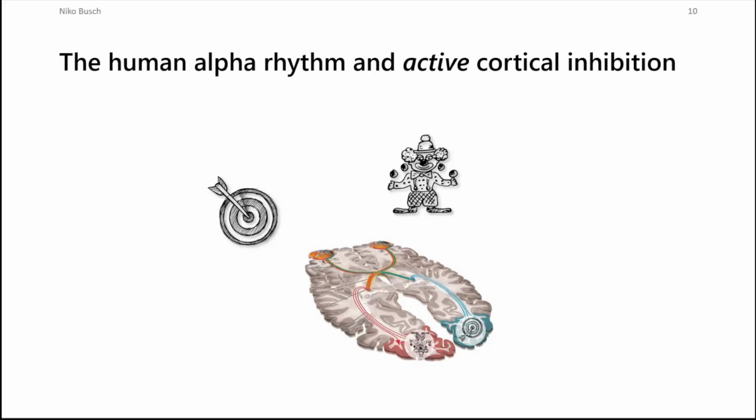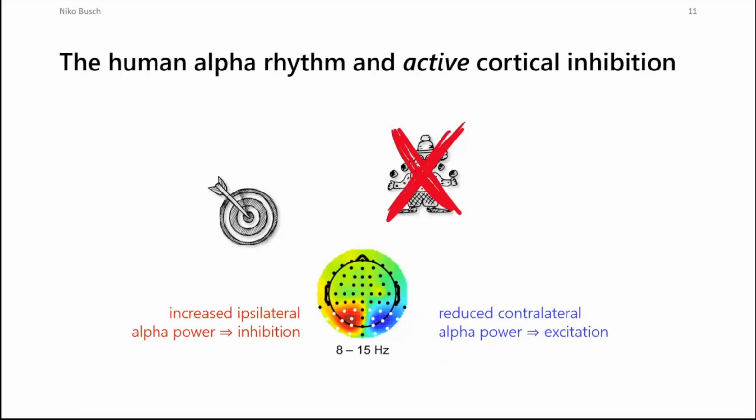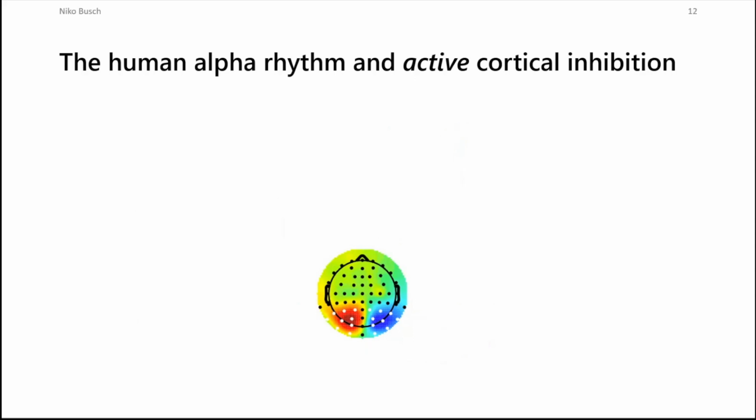And now what would be really useful would be a mechanism that allows you to selectively suppress the distracting information, so to block this information from being processed. And the idea is that, well, that's exactly what alpha oscillations do for you. You find that alpha power increases in the hemisphere processing that irrelevant stimulus.